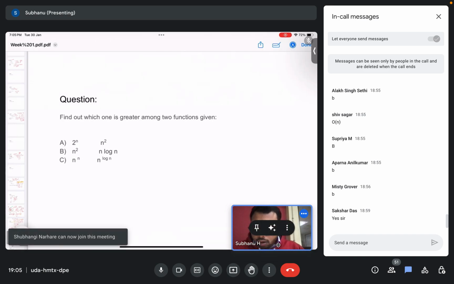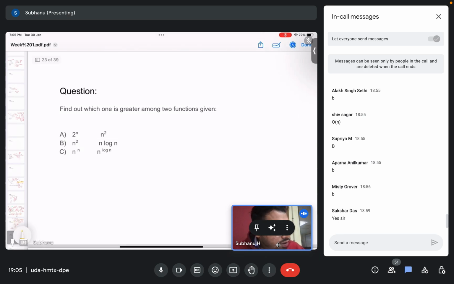So now my question is that I have written some functions here. You have to give me the answer in chat, which function is greater than which function, for each case, for A, for B, and for C. Like between A, which one is greater?